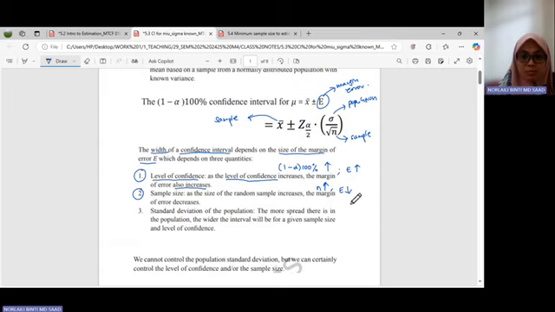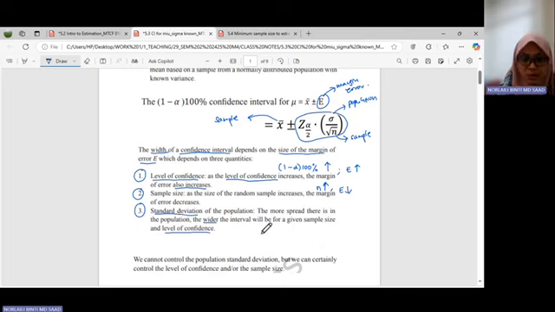This is because from the formula here, you can see that N is inversely proportional to the margin of error E. And then number 3, the standard deviation of the population, which is this sigma. The more spread there is in the population, the wider the interval will be for a given sample size and level of confidence.